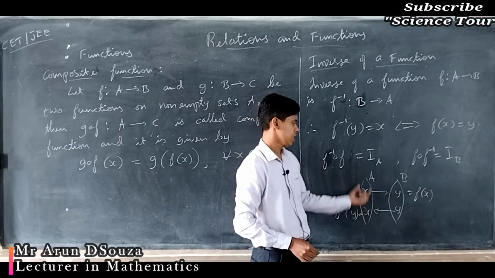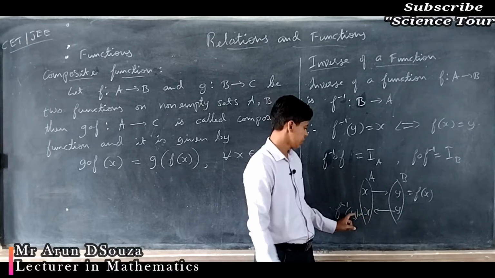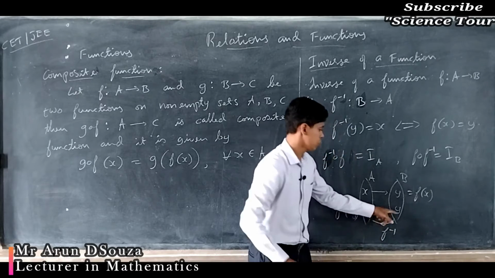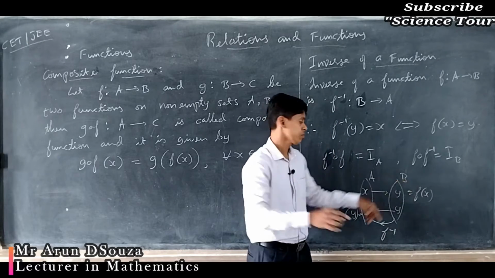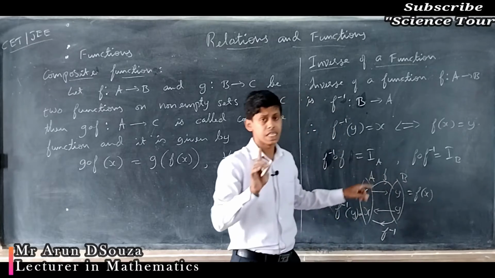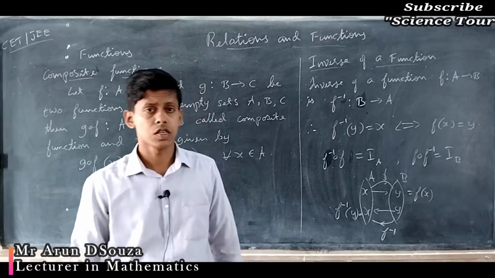So what is the domain for f inverse? When we come back, this is f inverse, therefore domain of f inverse is B, and the domain of the function f is A. So that's the logic. Keep that picture in your mind.